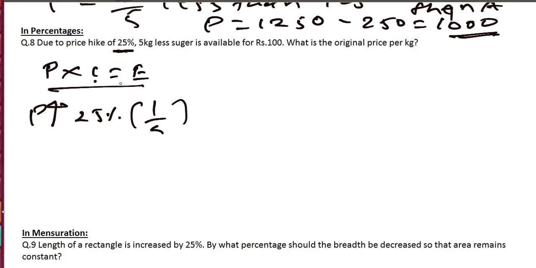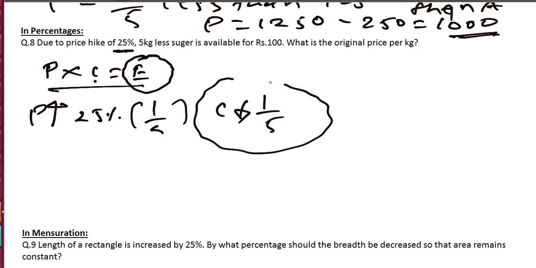Therefore the consumption has to be decreased. Consumption has to be decreased by 1/5 in order to keep this expenditure constant. If we don't want to increase or decrease our expenditure, we have to decrease the consumption in a certain proportion, that is by 1/5, right?